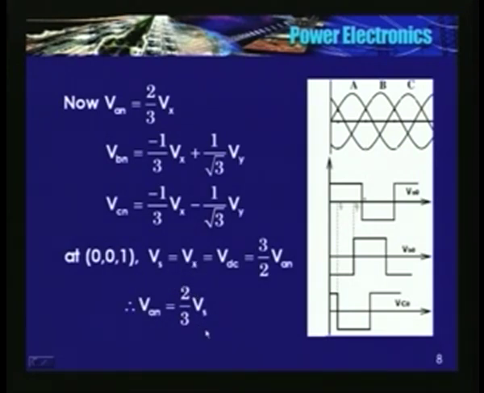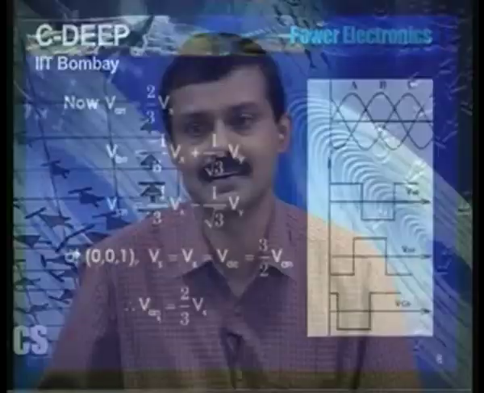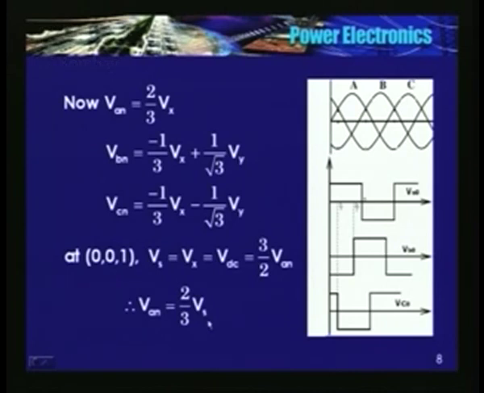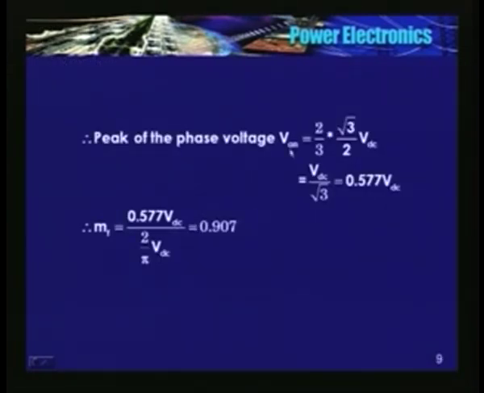So, what is the peak value of VAN? It is nothing but 2 by 3 times the peak value of Vs that can be obtained. So, it is 2 by 3 into 3 by 2, square root of 3 by 2 into VDC.